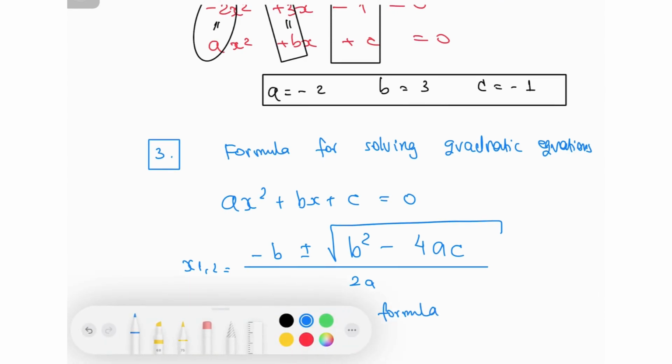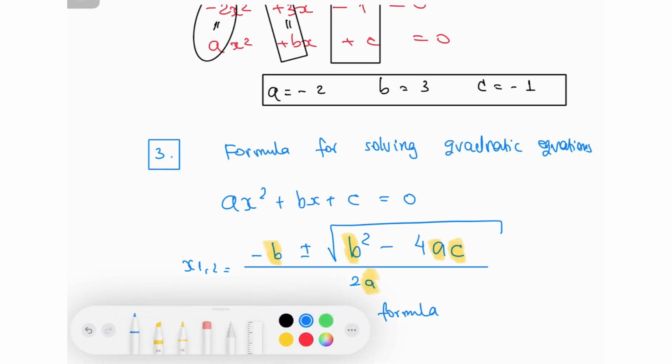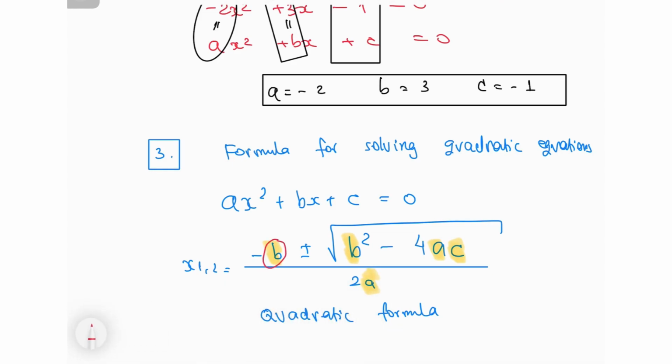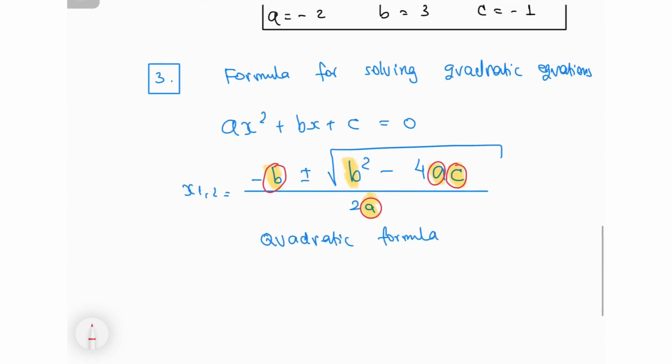And you can see the quadratic formula has coefficients a, b, c. That's the reason why coefficients are important to identify, and also the reason why it is important to know the sign of the coefficients. And we will see one example now.